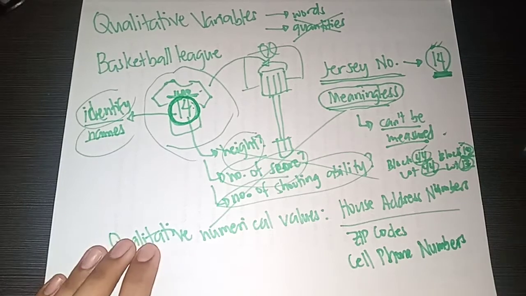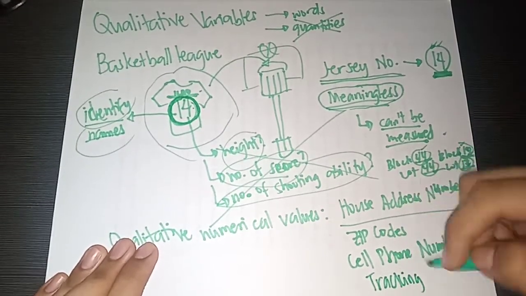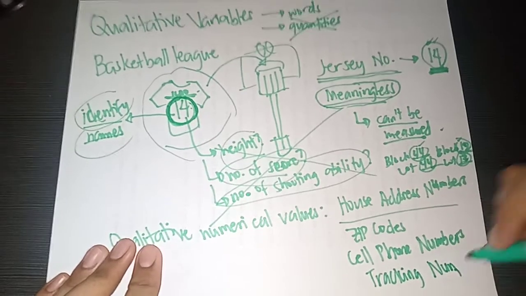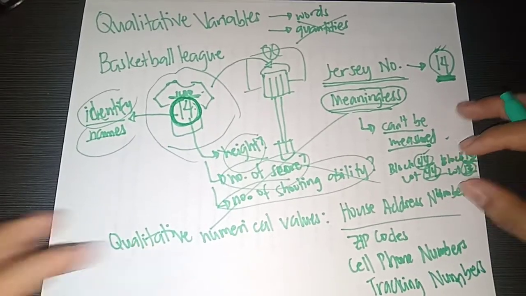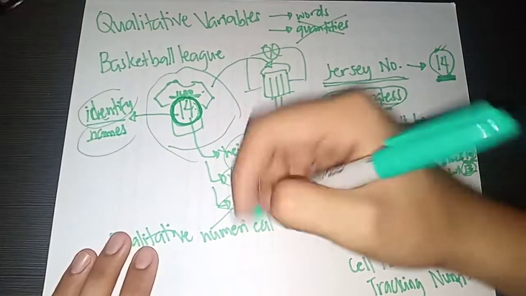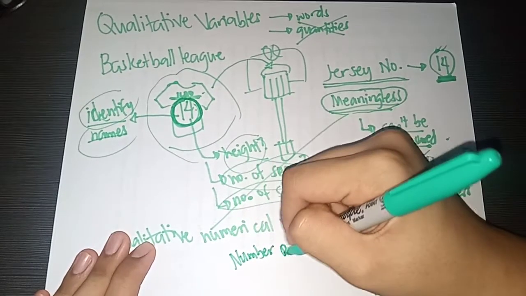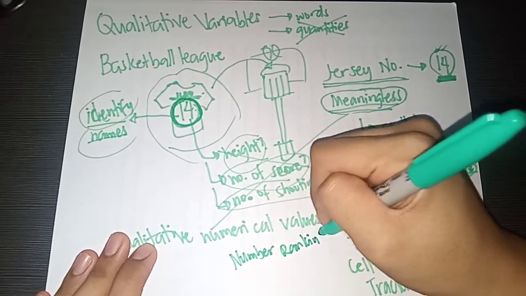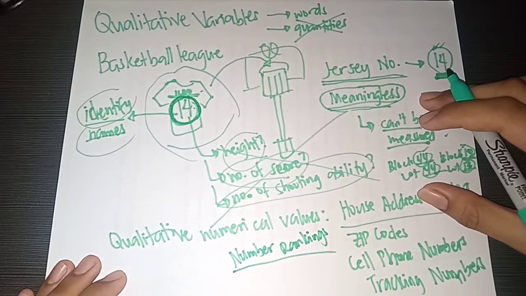We also have tracking numbers. In deliveries, tracking numbers are used, but they are not used to measure distance and so on. Also, we have number rankings. The numbers used in the rankings in the honor roll are meaningless.